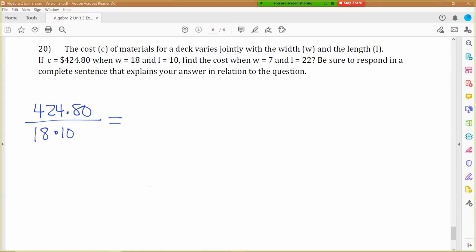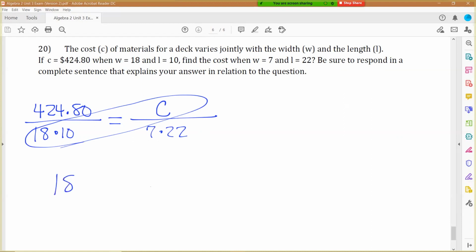Equals, keep in mind, cost must stay on the top of the fraction, so I'm just going to put a C for cost. And then for the denominator, I'm going to have to take 7 times 22. So when I cross multiply, 18 times 10 times C, well, 18 times 10 is 180, 180 times C is 180C.